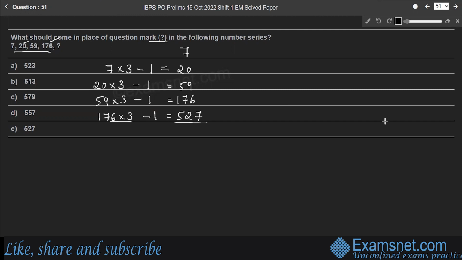Therefore, 527, option E is the right answer. To get the next number, the previous number should be multiplied by 3, right? And 1 should be subtracted from the product. So, this gives the next number. Therefore, option E is the right answer.